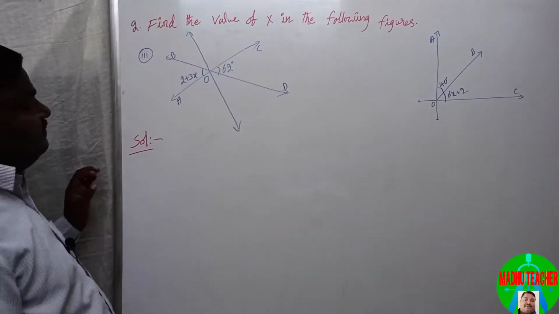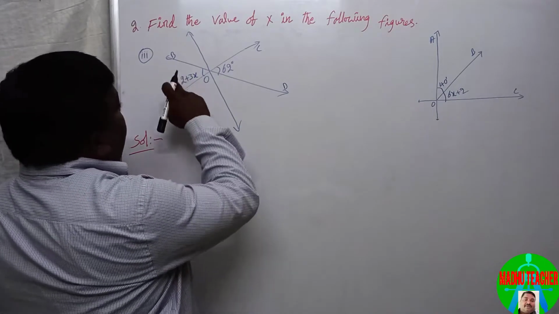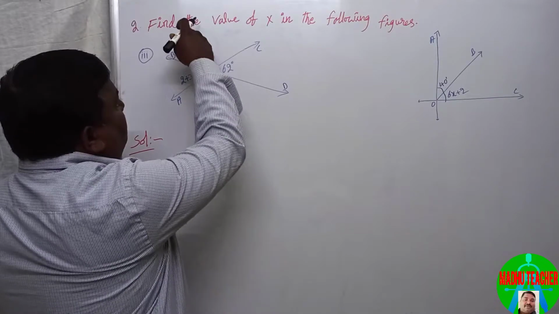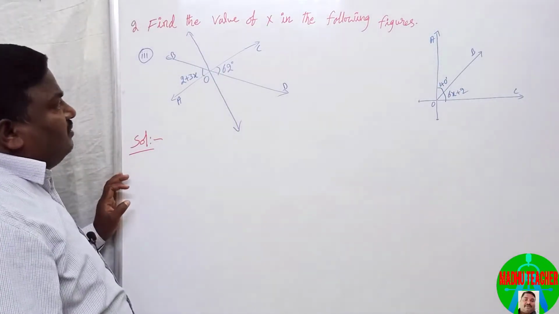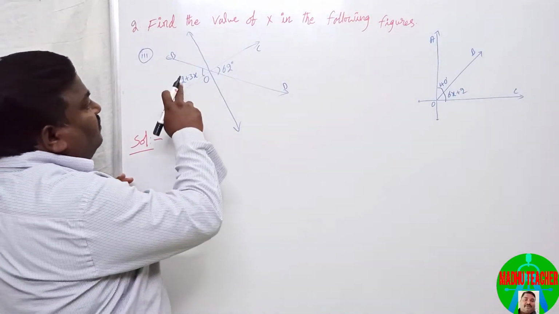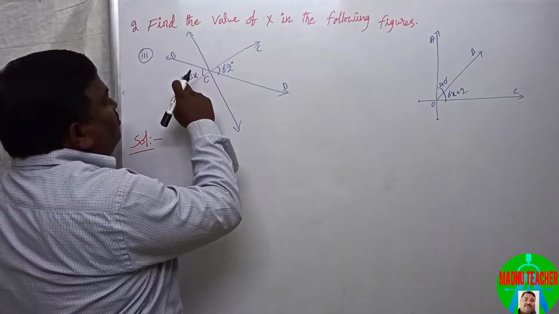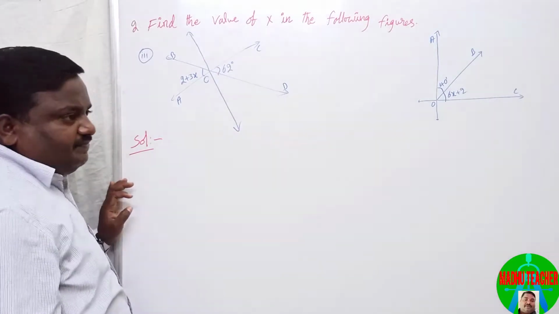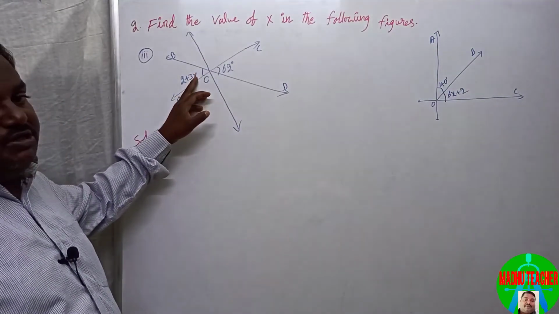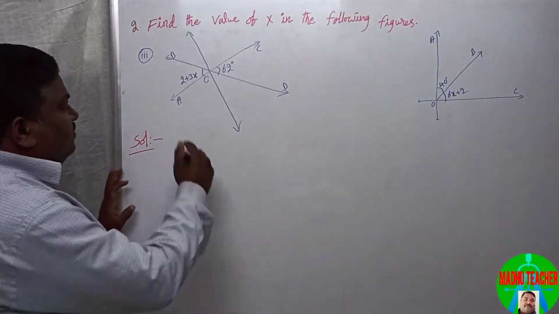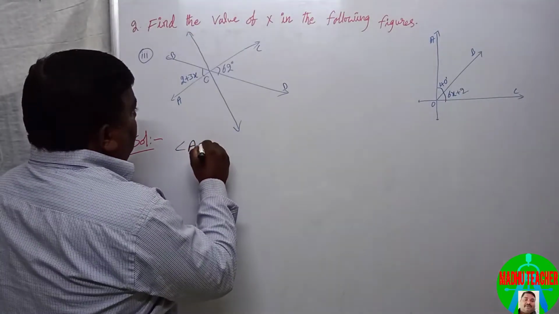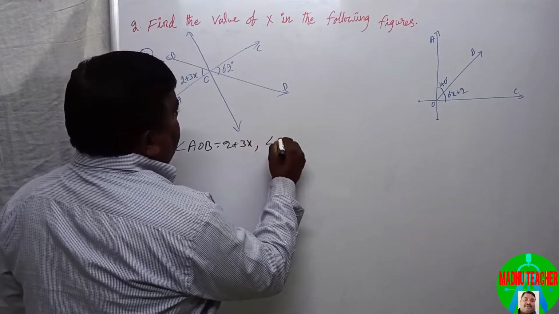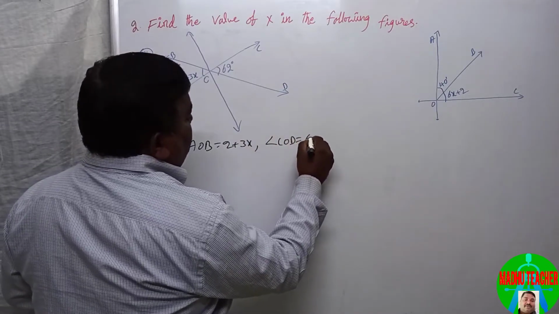Third one: AC and BD intersect at O. Angle AOB equal to 2 plus 3x and angle COD equal to 62 degrees. We have to find x.